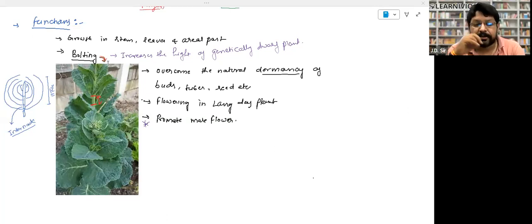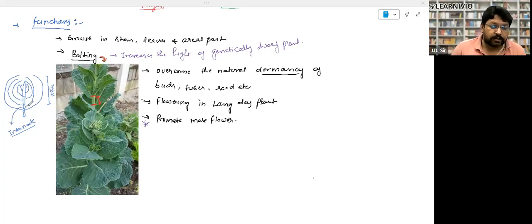You will see a cabbage. Normally, what is the height of the cabbage? It may be 6 inches, 9 inches, or maximum 1 foot, right? Not more than that. So this is a cabbage. If you cut this cabbage in an LS, lateral section, you will see that these are the leaves, right?